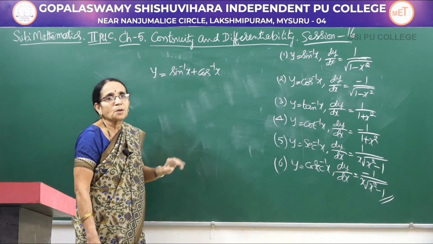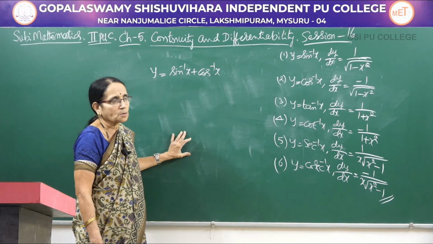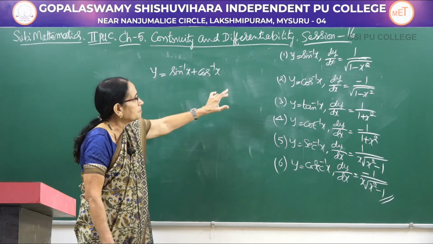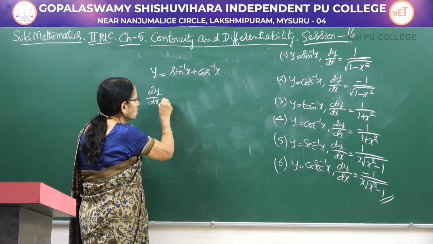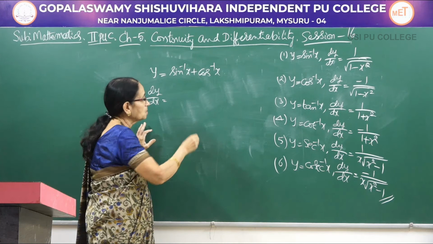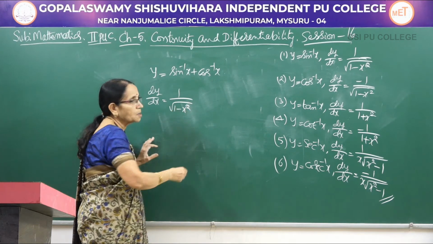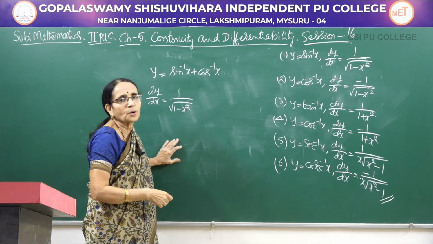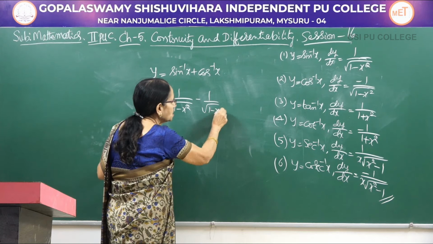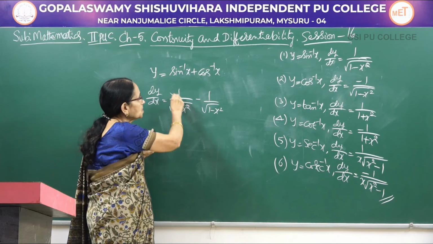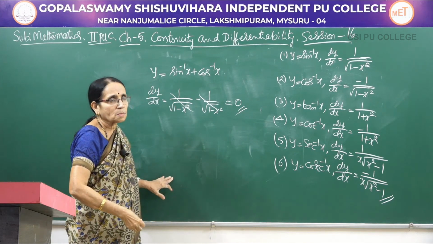If you go through the formulae, you can write dy by dx is equal to, what's the formula for sin inverse x? 1 divided by root of 1 minus x square. For cos inverse x, what's the formula? Minus 1 over root of 1 minus x square. Now you see that they get cancelled, hence the derivative becomes 0.